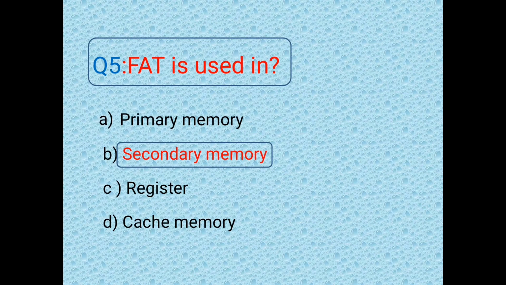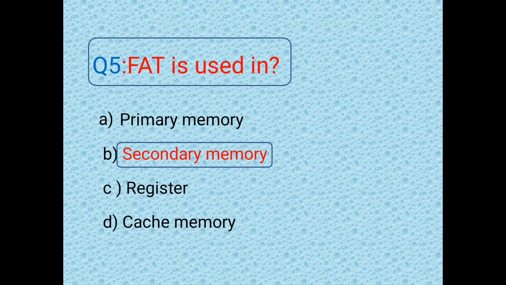Question number 5. FAT is used in A. primary memory, B. secondary memory, C. register, and D. cache memory. What is FAT? FAT stands for file allocation table. F for file, A for allocation, T for table. It is a file system developed for personal computers and mobile devices.